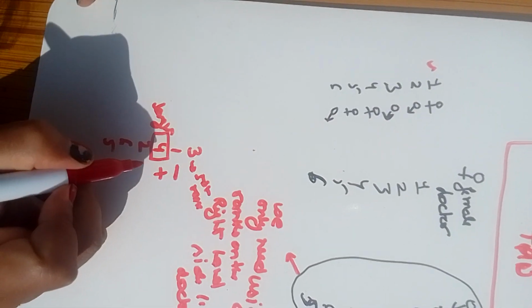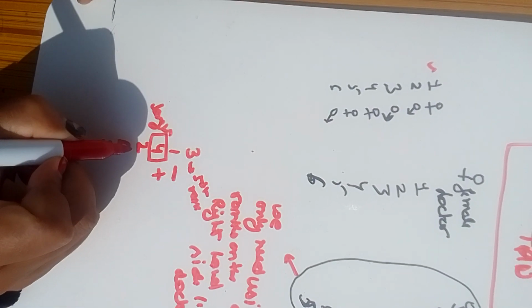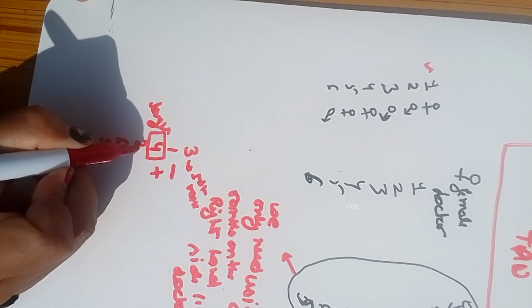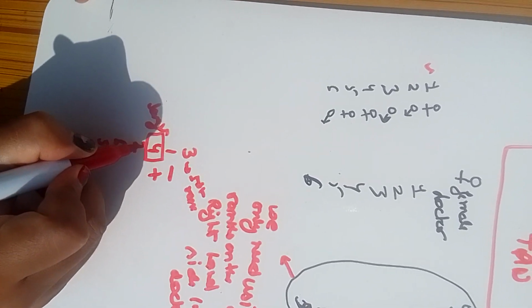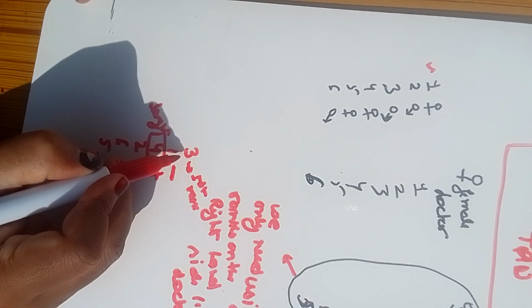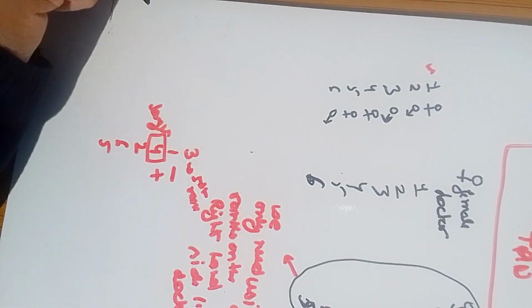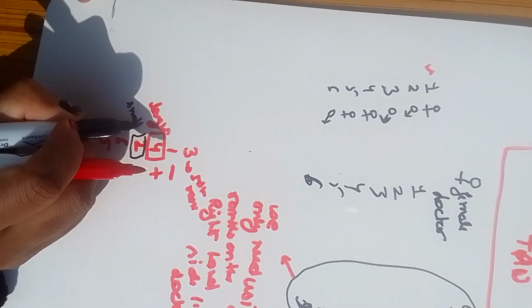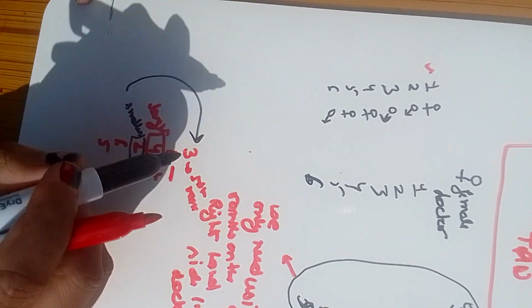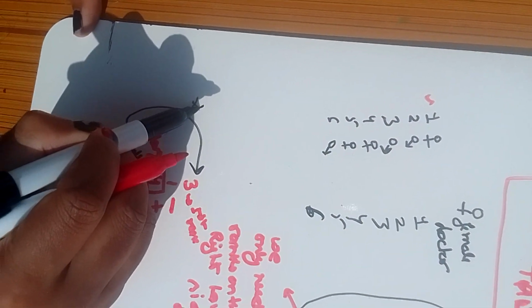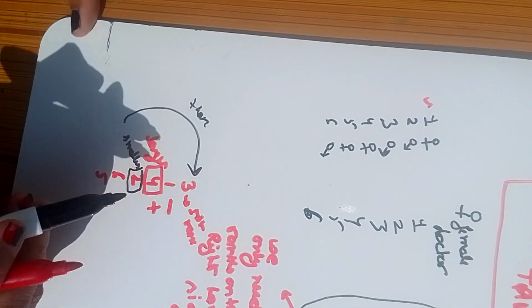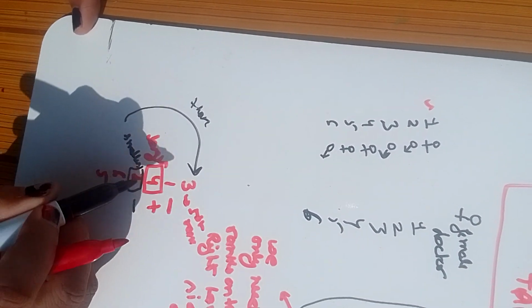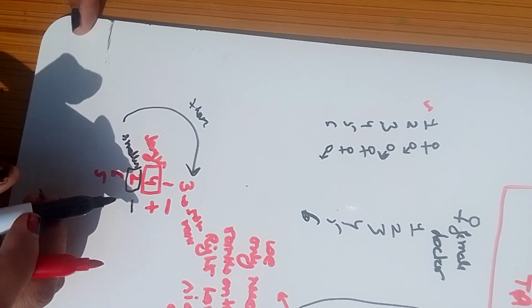Now the rank of the third patient has the value 2. 2 is smaller than 3, so we write minus here.